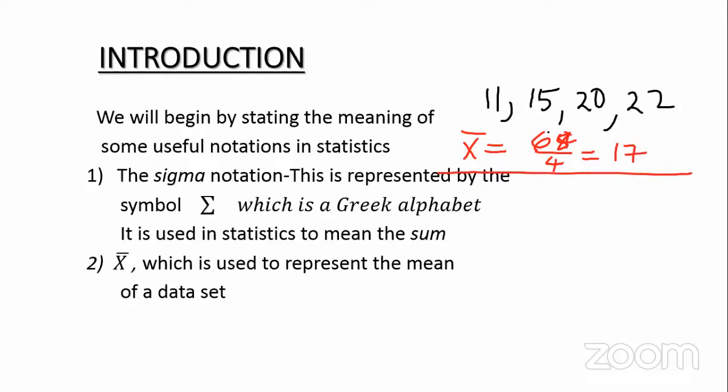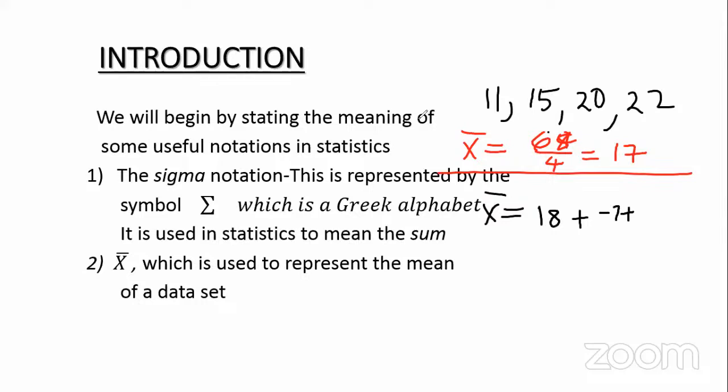Now, let's say we want to work out the mean, and the assumed mean is a number like 18. I will say that the mean will be 18 plus the sum of the deviations from 18, divided by 4. So what is 11 minus 18? Negative 7.